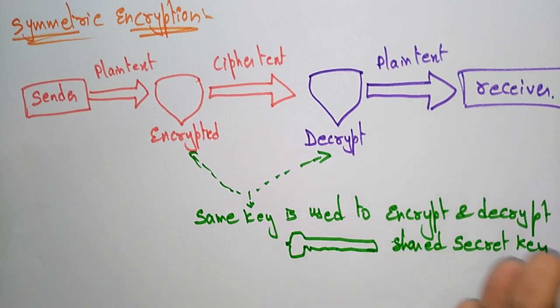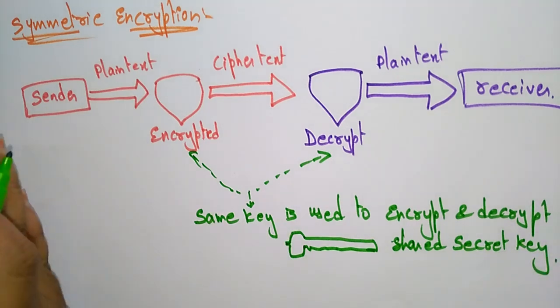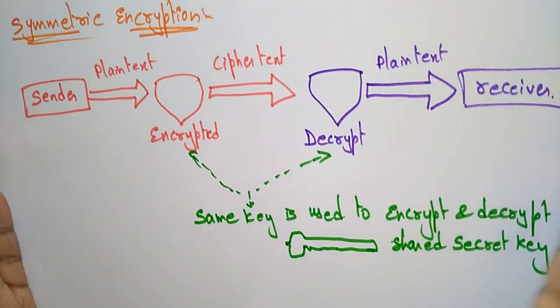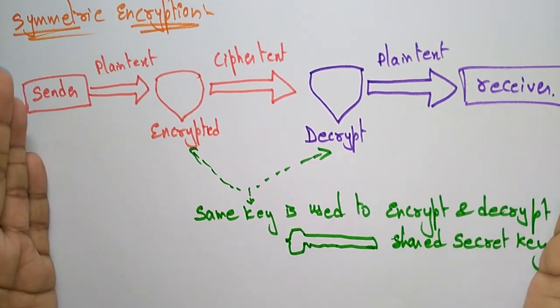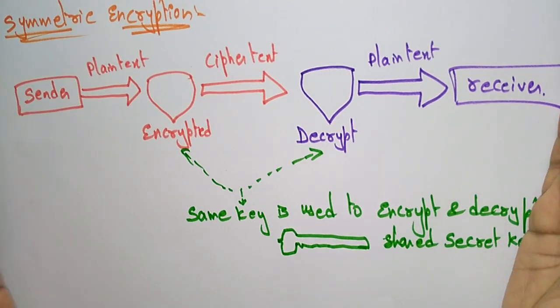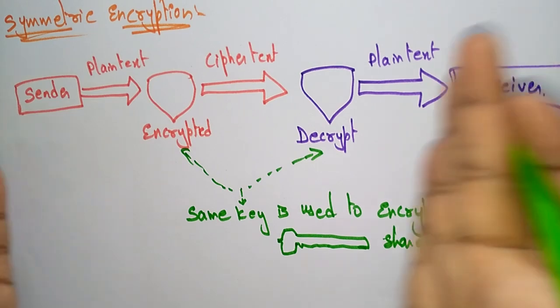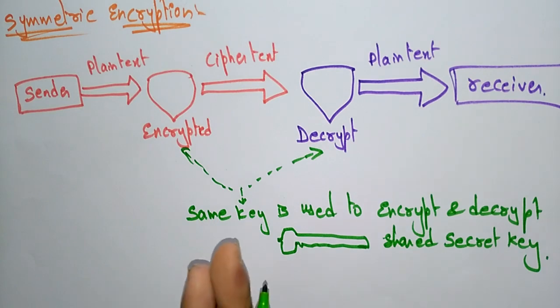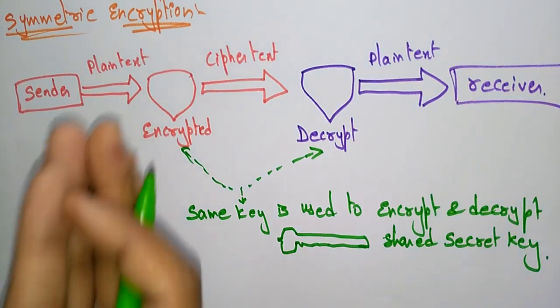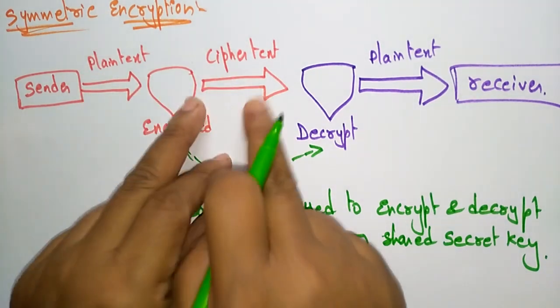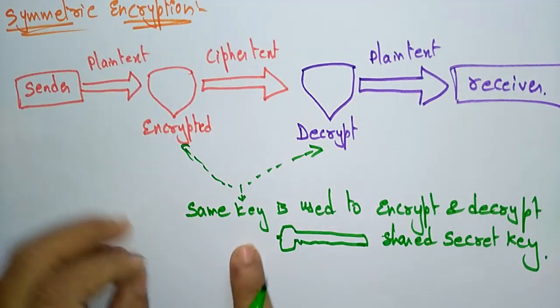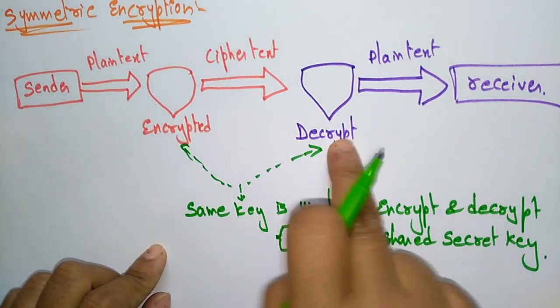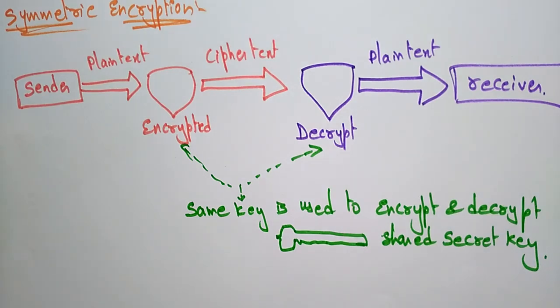So this is symmetric encryption. Don't be confused: the sender wants to send data to the receiver. One person is sending an important secret message to another person, so we use one of the security mechanisms, encryption, to encrypt the data. That forms a ciphertext. For encryption and decryption we use the same secret shared key.